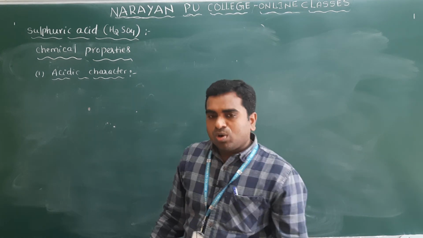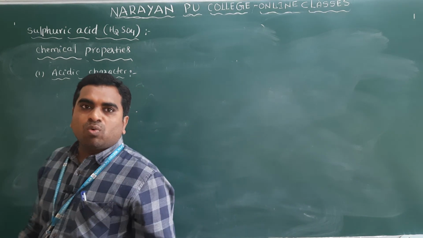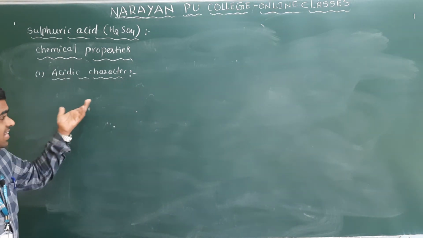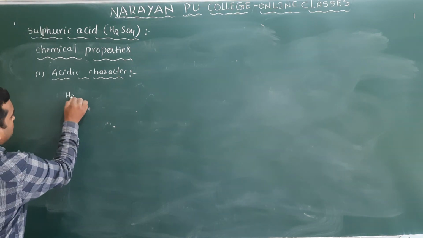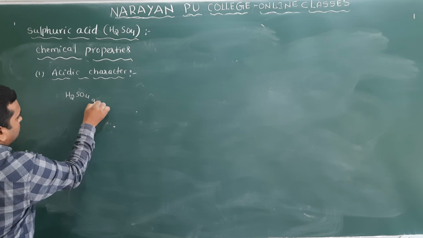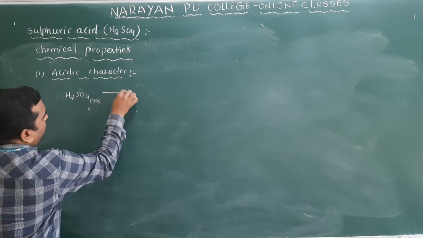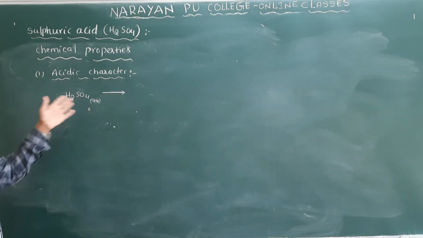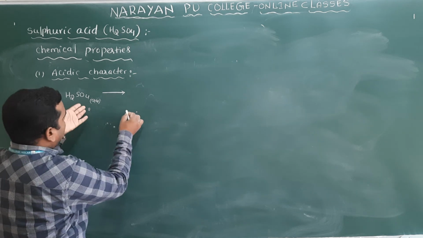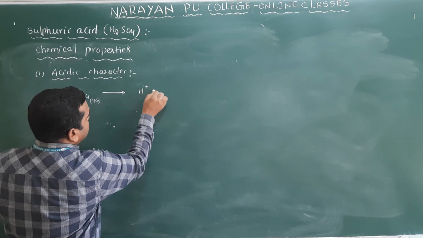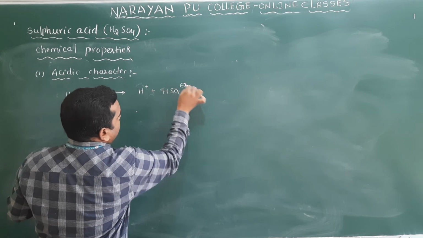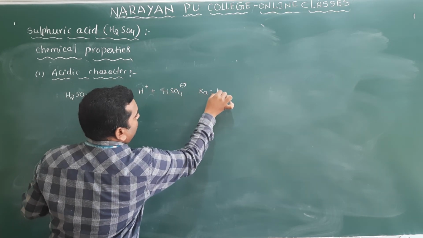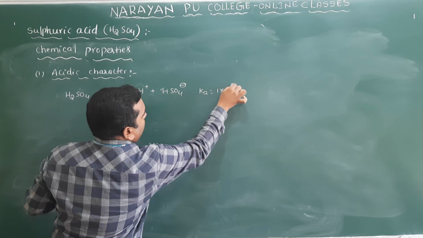Clear? So when it dissolves in water, it ionizes into its ions. Suppose I take an H2SO4 aqueous solution, what will happen here? It dissociates or ionizes into H+ and HSO4 minus, and for this one Ka is equal to 1 into 10 power 3.